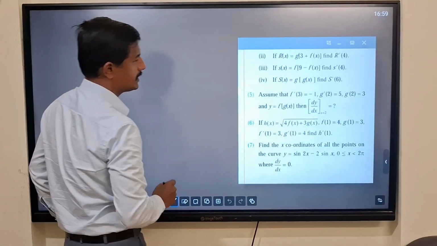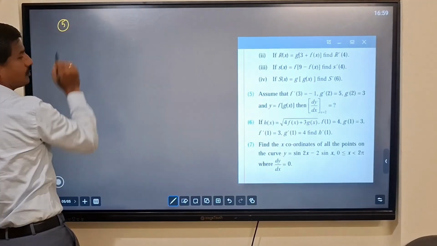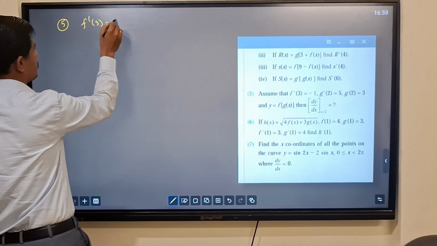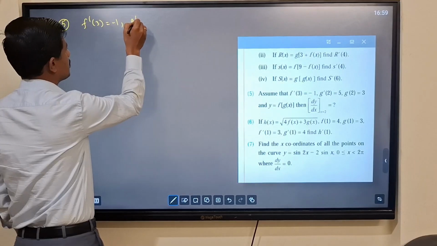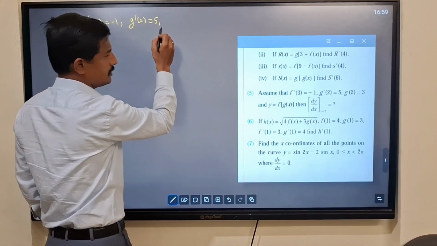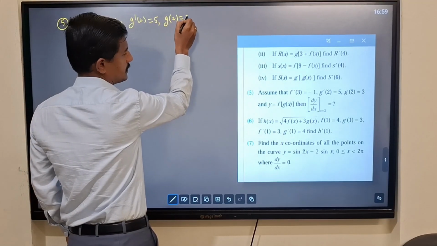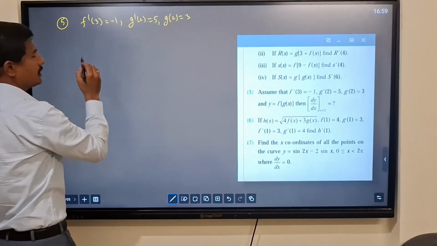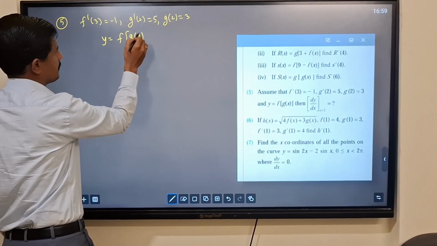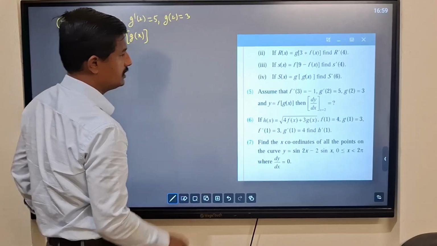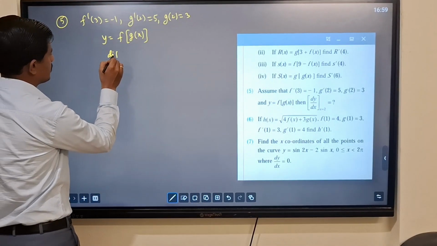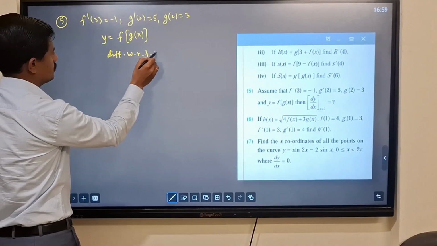Now, the fifth question is: assume that f prime of 3 is equal to minus 1, g prime of 2 is 5, g of 2 is 3, and y equal to f of g of x. Then what is dy/dx at x equal to 2? So, differentiate with respect to x.